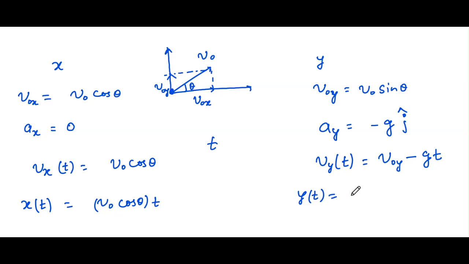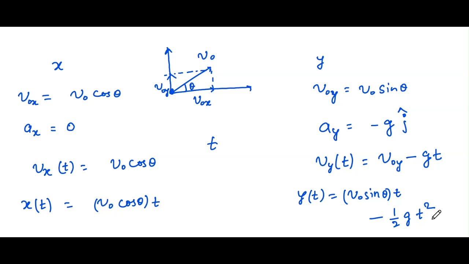So here u means initial velocity along y axis, which is v naught sin theta, into t plus half a t square, but here a is actually negative g. So minus 1 by 2 g t square. So we have resolved the velocity, acceleration, and displacement along x-axis and along y-axis.